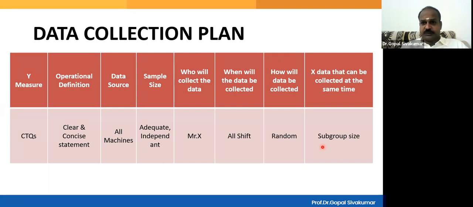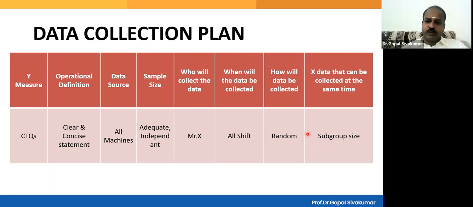That means in a shift, I am getting 10 samples, in 2 subgroups, and each subgroup size is 5. So in a day, the company is running, let's say, 3 shifts, and every shift I'm getting 10 data. So 3 shifts, I'll get 30. So in order to get 100 data, probably I will collect the data for 3 to 4 days.